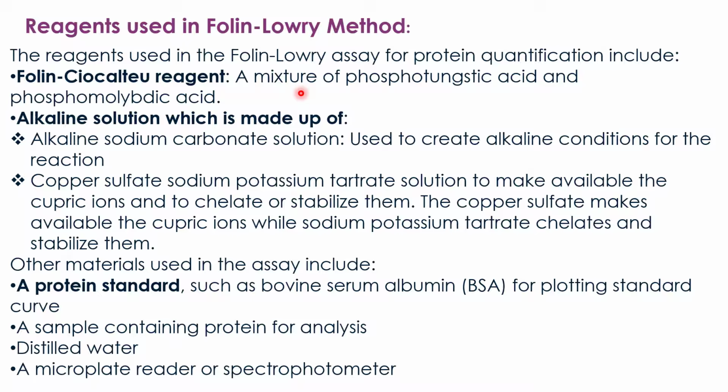And the alkaline solution is made up of alkaline sodium carbonate solution, which is used to provide alkaline conditions for the reaction to occur, and copper sulfate sodium potassium tartrate solution to make available the cupric ions and to chelate or stabilize them. What you have to note is that the copper sulfate in this solution makes available the cupric ions, whilst the sodium potassium tartrate chelates or stabilizes them.